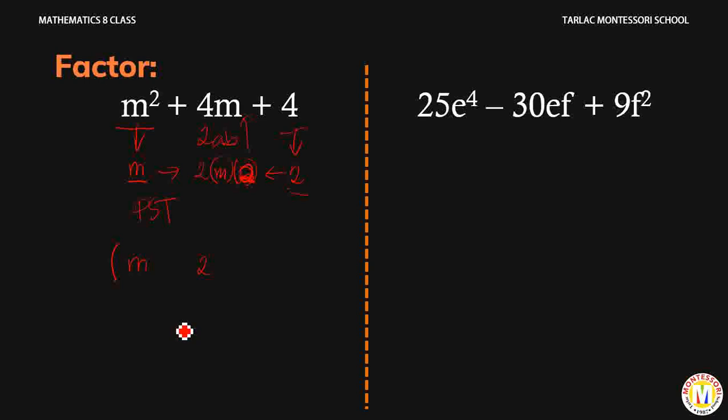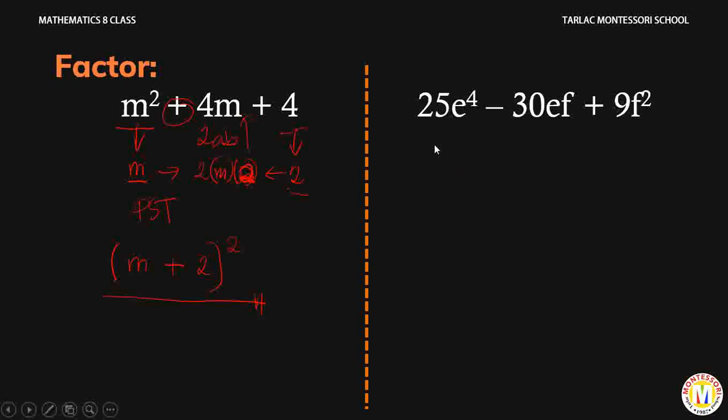And you can also recall that we are going to follow the sign of the middle term. In this case, it's positive. So that is the sign that we'll be assigning in between m and 2. And then we'll just raise our factor to 2. And that will be it. That would be the factored form of the polynomial above.